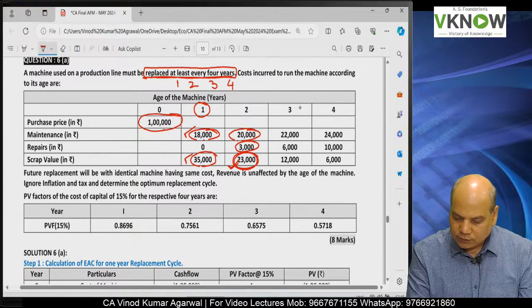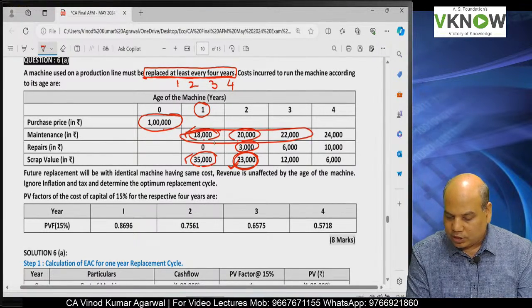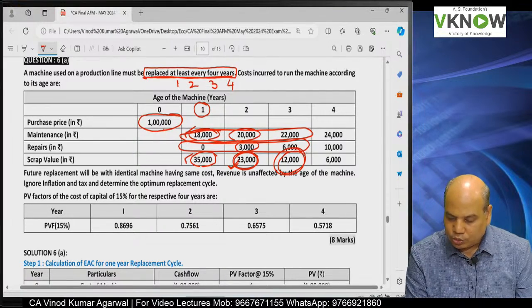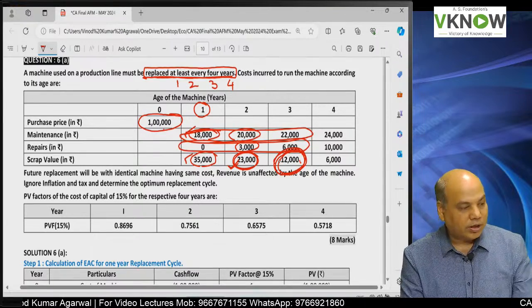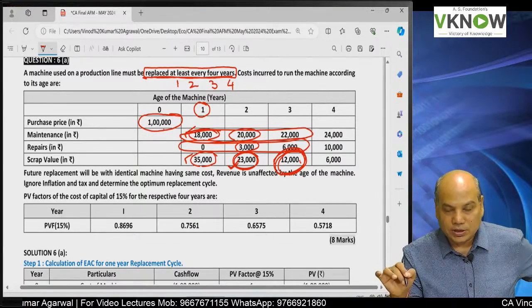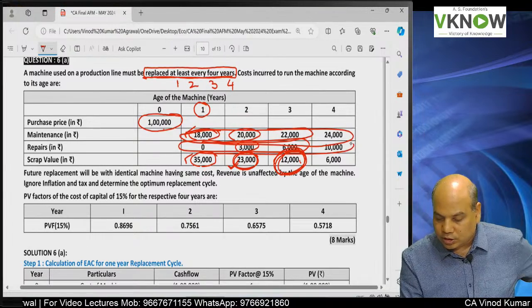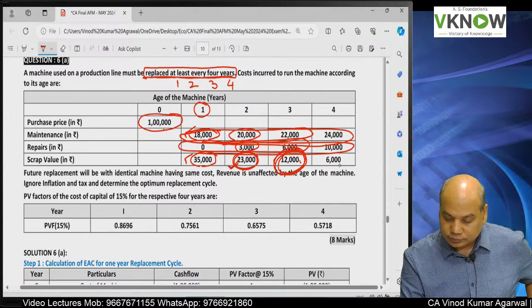Same thing if you go up to year 3, you will incur repairs and maintenance for all the 3 years, and you will get the scrap value of the 3rd year. Scrap value of only that particular year you will get if you replace at the end of that year. And if you go up to 4th year, you will incur repair, maintenance, and you will receive scrap value.